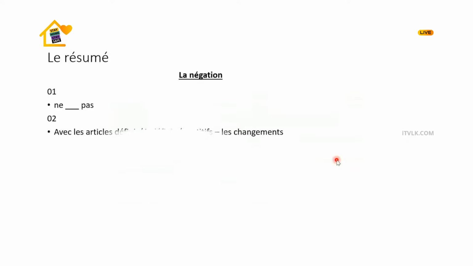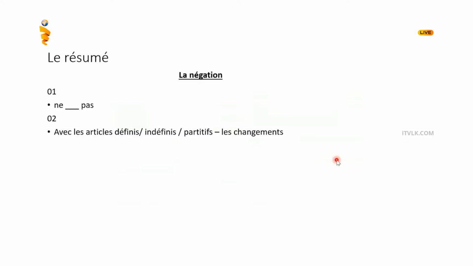Now, throughout this lesson, negative form, we'll go to the summary of the lesson. First, we went to the normal format, ne pas. Okay, normal sentence structure, negation. Secondly, we went for some changes we have to do with articles, les articles définis and partitif.